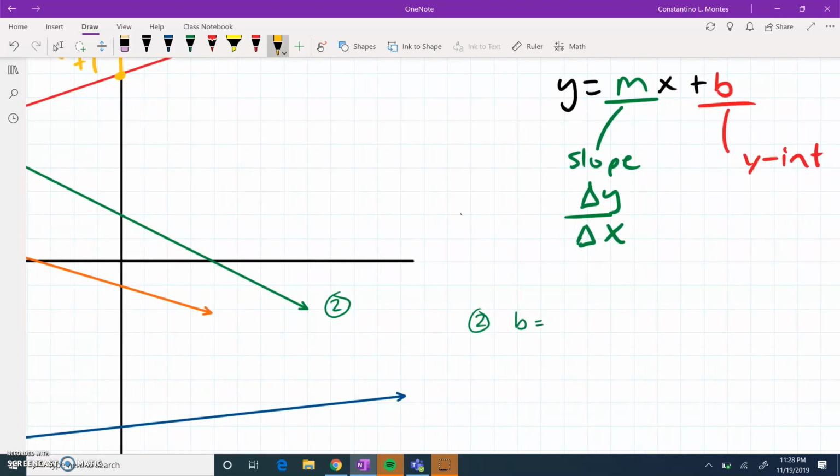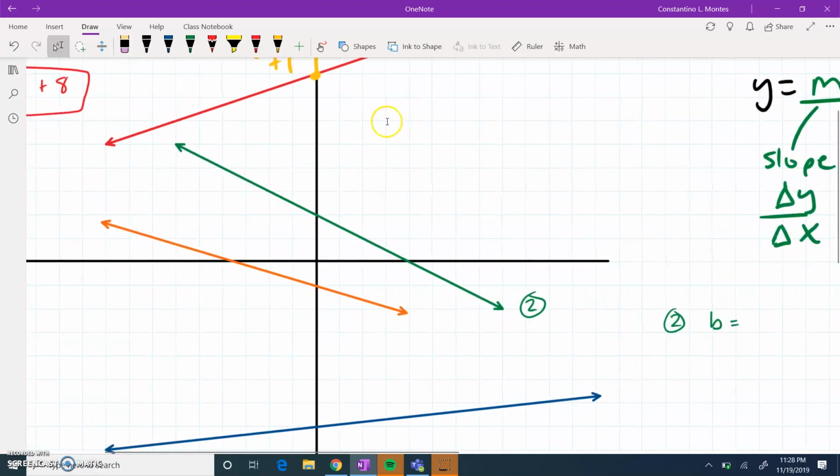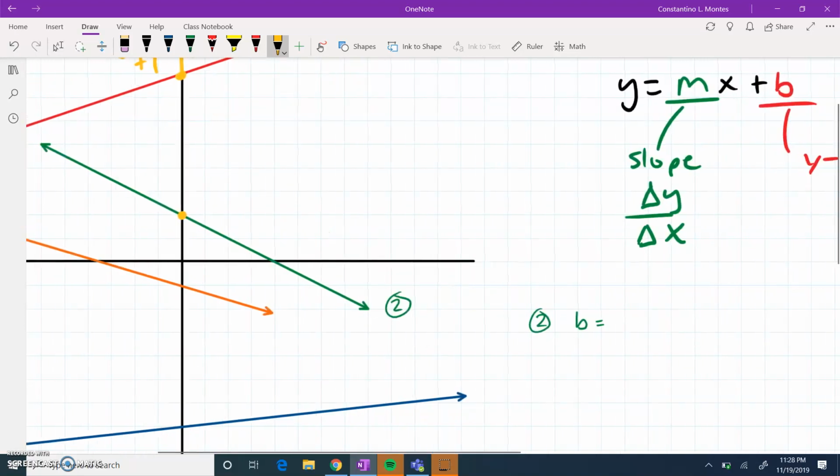That's my b. So I'm just thinking, where is this line going to cross this y-axis? It's going to happen right here. That point is going to be 1, 2. It's going to be positive 2. So I'm going to come over here and write down b equals positive 2.